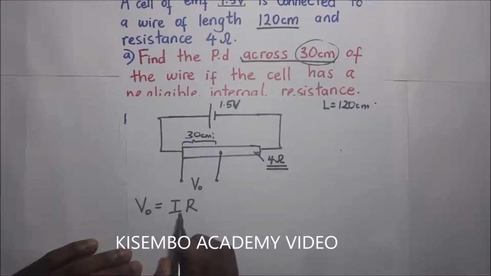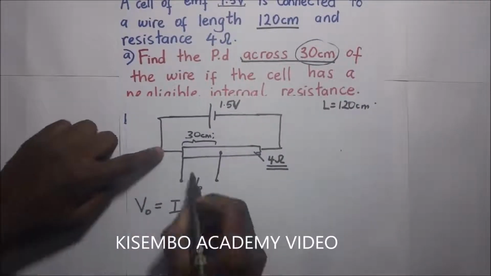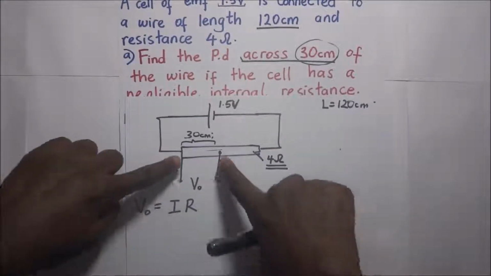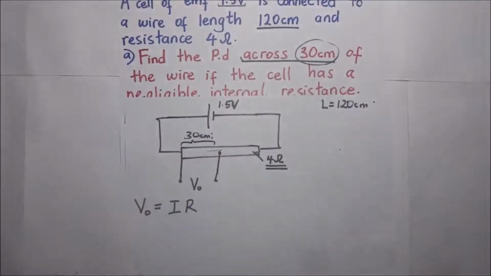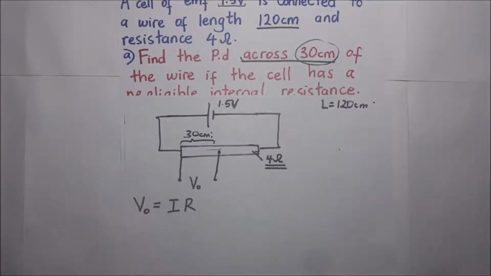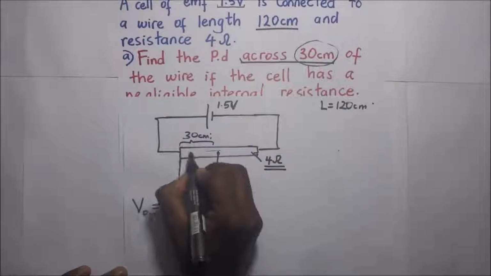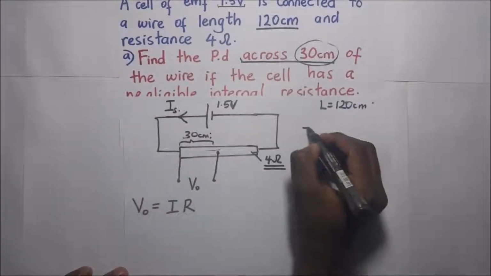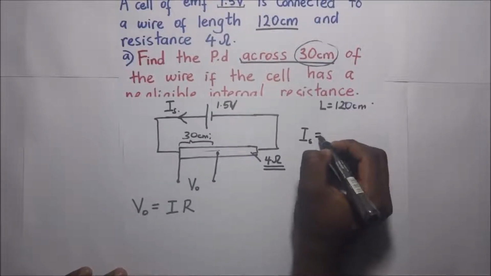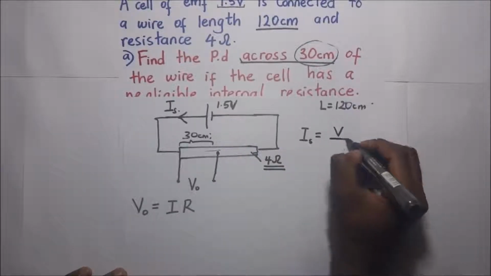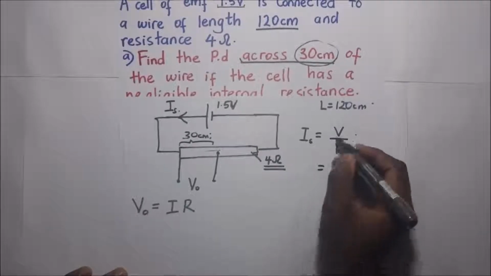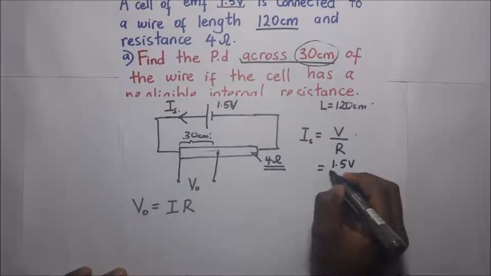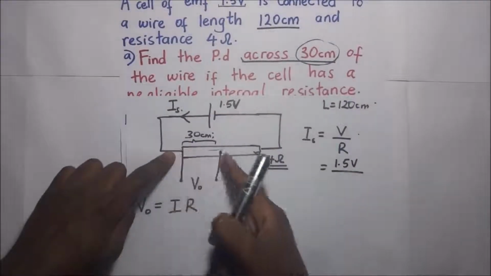By I, we mean the amount of current flowing through that portion, which we do not have yet, and the resistance of that portion, which we are still supposed to find. So let's first begin with the current. The current going through this portion of the wire, let's call it I, is going to be equal to V over R. V is 1.5, divided by the effective resistance in this whole circuit.